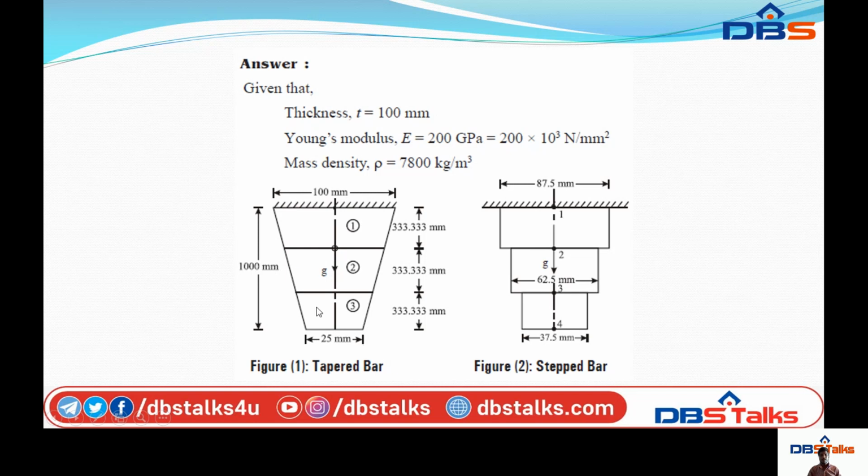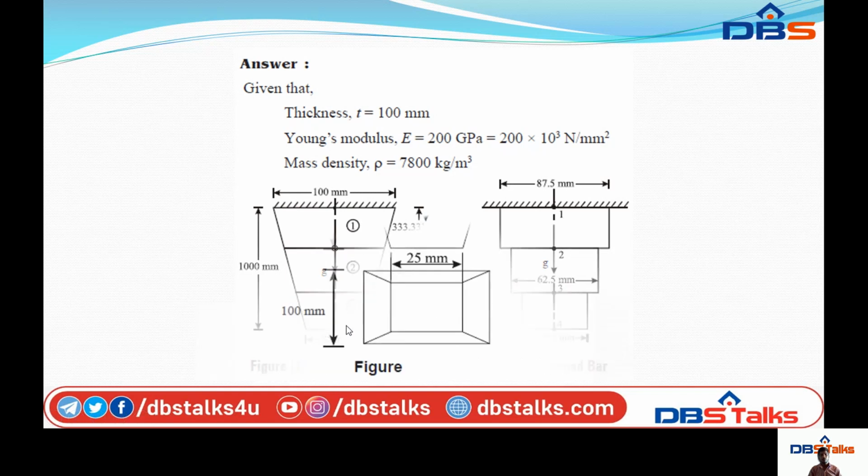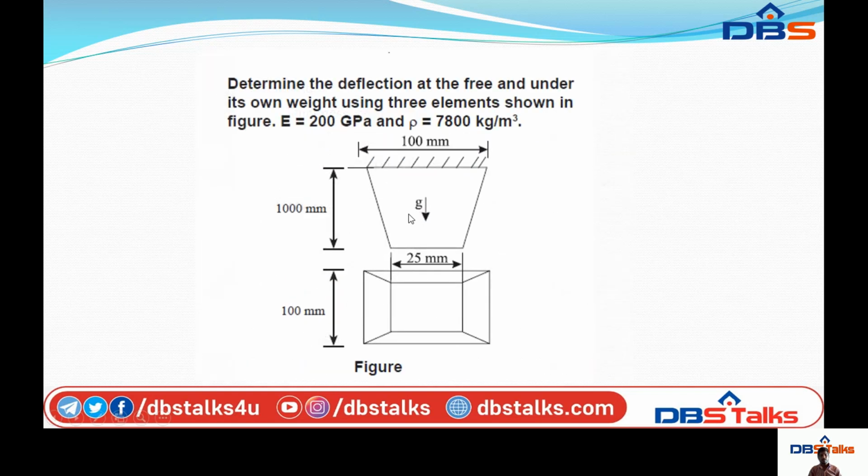First of all, I am taking and denoting the problem as a tapered bar section. This problem has to be done in 2 ways. First of all, converting this figure into a tapered bar. After that, converting all the values into a simplified stepped bar.